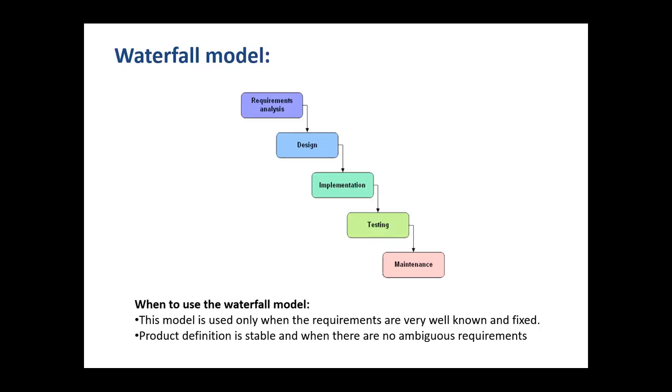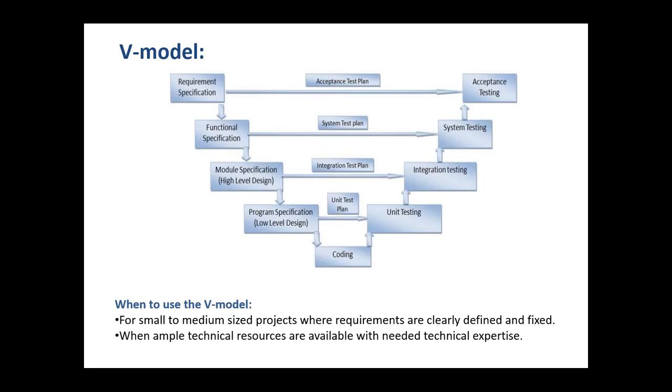So the cost of fixing the bug is more. So you use the waterfall model only when the requirements are very well known, and there is no scope that the requirements change frequently.